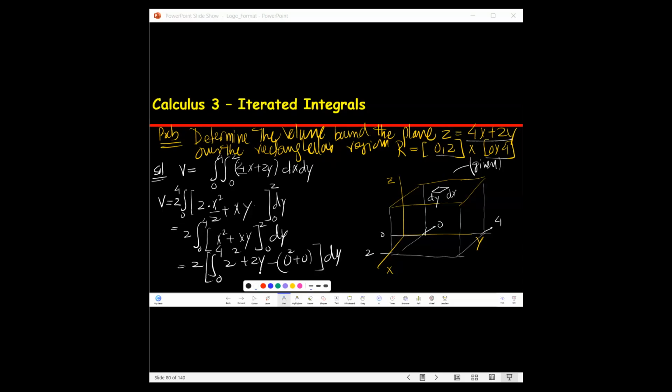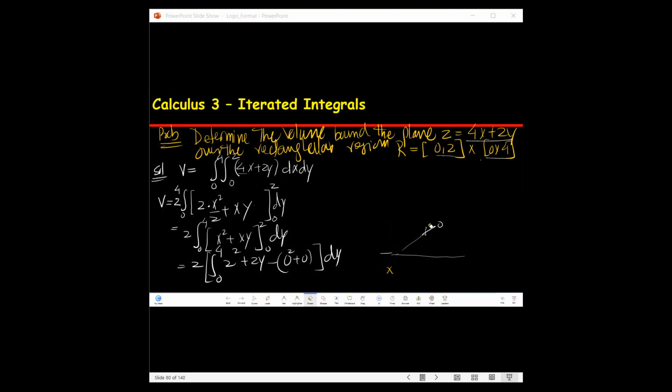Since we have limited space, we can erase this image and then simplify a little bit if we can before we take the second integral. It's going to be 2 plus 2, it's 4 plus 2y.